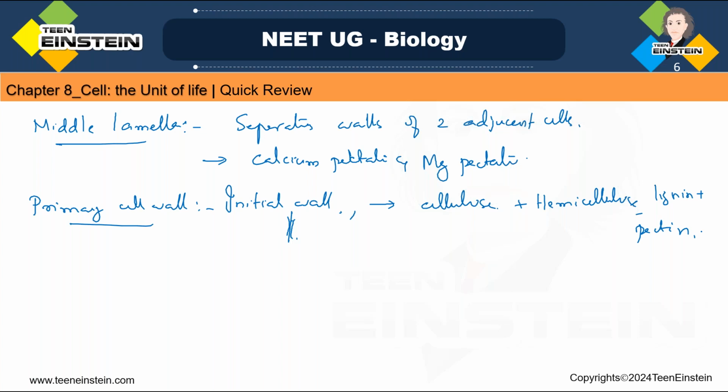This primary cell wall is made up of cellulose, along with hemicellulose, lignin and pectin.